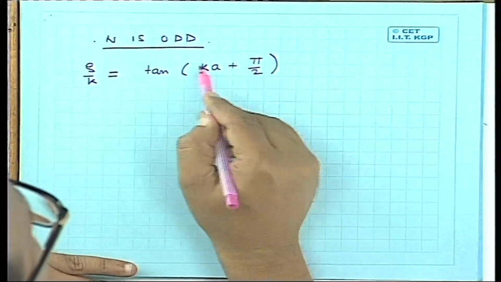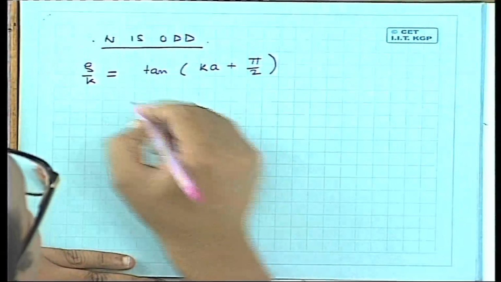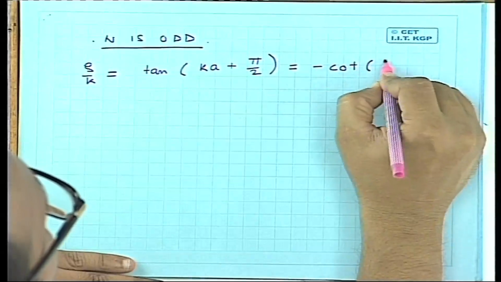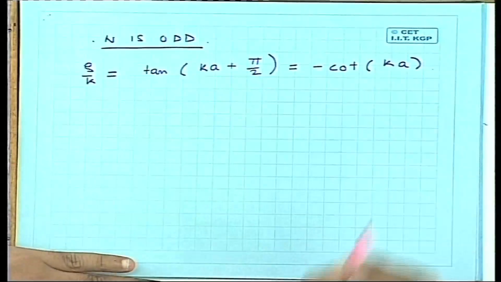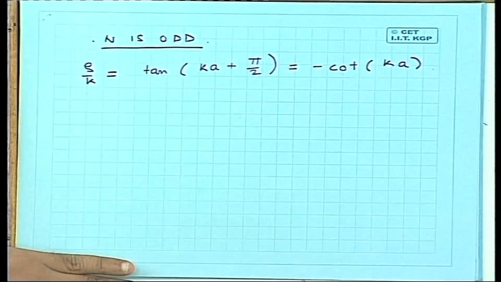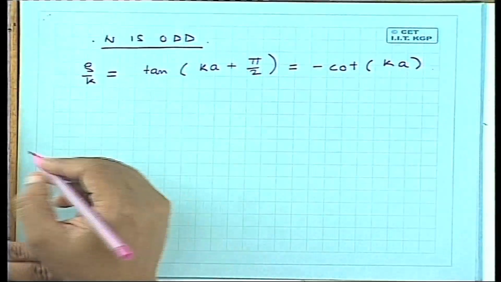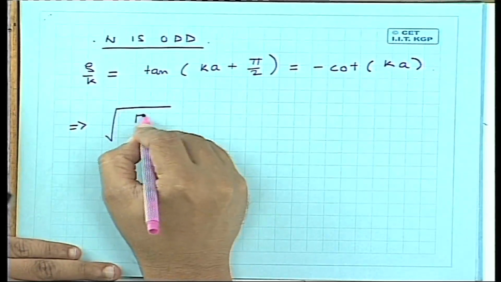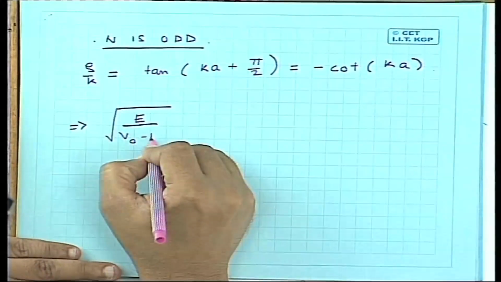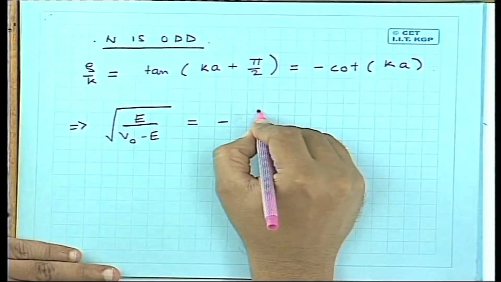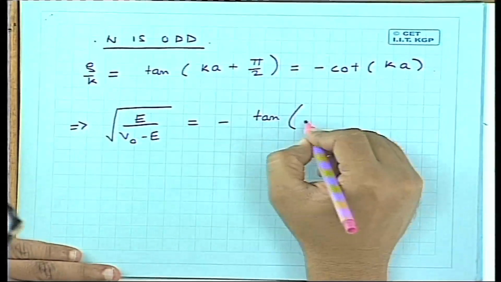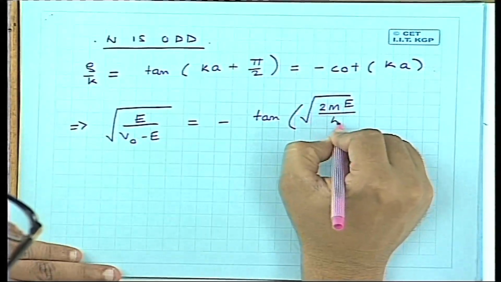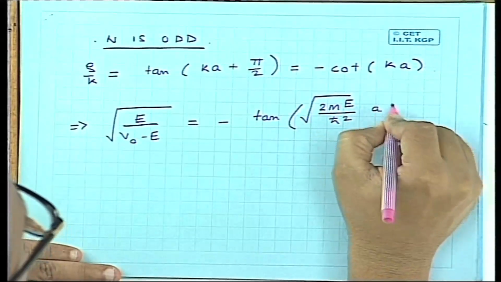So tan of ka plus pi by 2 is nothing but minus cot ka. So doing the same kind of thing again, which I will not go through, we finally just get square root of E by V naught minus E is equal to minus tan of square root of 2mE by h cross square into a.